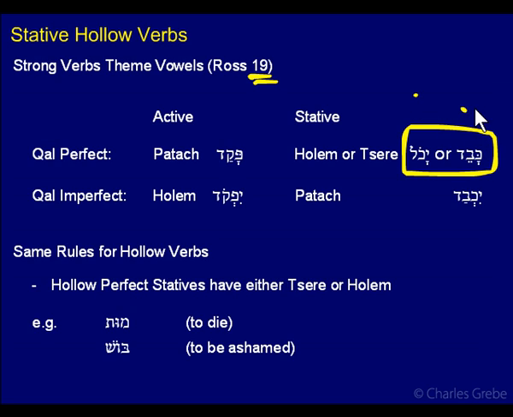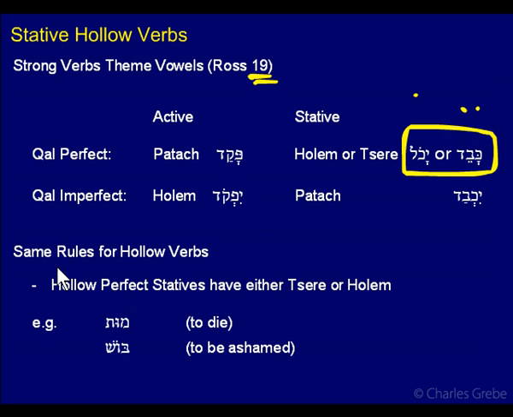Here's our holum, here's our tsere. That marked the stative for the cal perfect. In the imperfect, we had the holum, yefkod, for the active, and the patach, yechvad, for the stative. So it's just the opposite. So we have patach there and patach there, holum here, holum here.